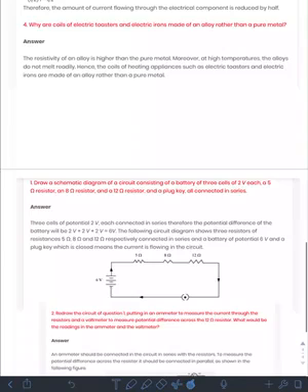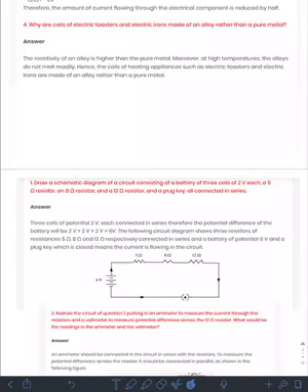Next question. Why are coils of electric toasters and electric irons made of an alloy rather than a pure metal? As you know, the resistivity of an alloy is higher than that of a pure metal. That's why nowadays we are using nichrome alloys instead of a pure metal.